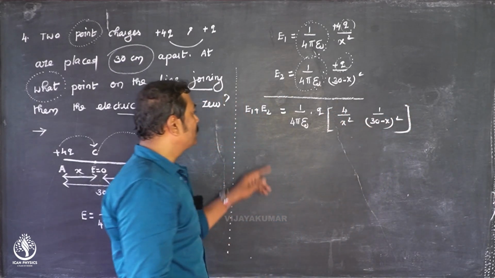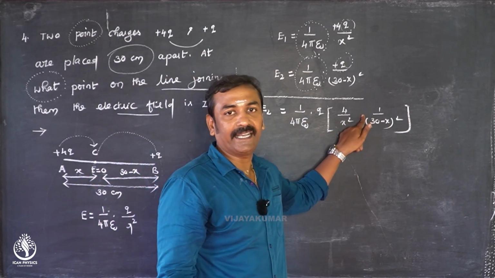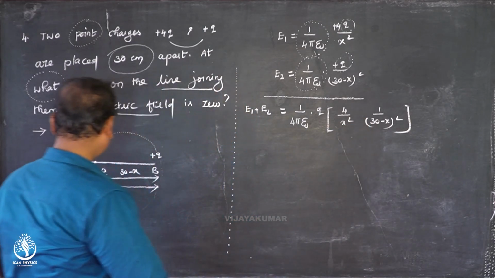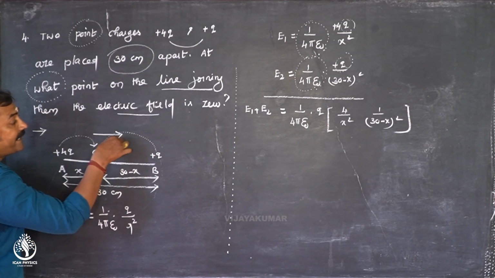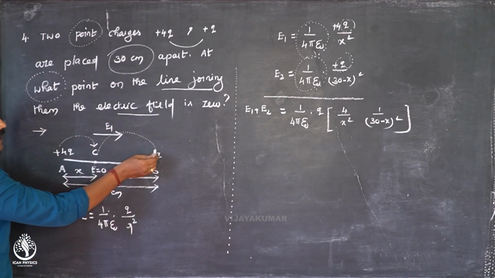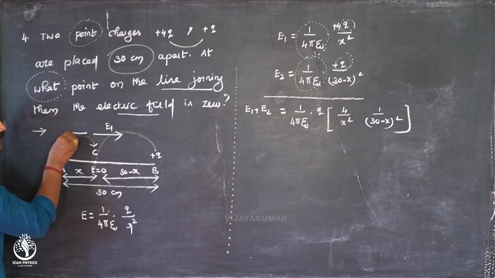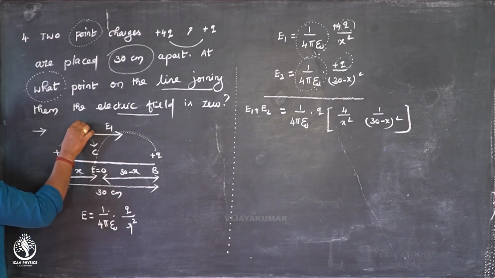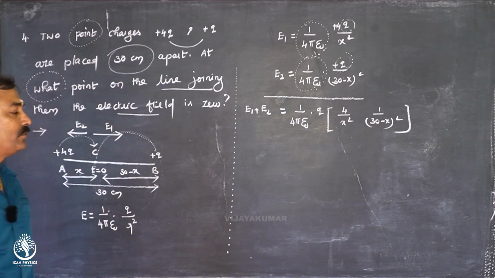Now I am having a doubt. Here we are adding the two, but I didn't put any sign. Why? The positive charge produces the electric field at the point C which always acts radially outwards. The other positive charge also produces an electric field at the point C acting radially outwards.